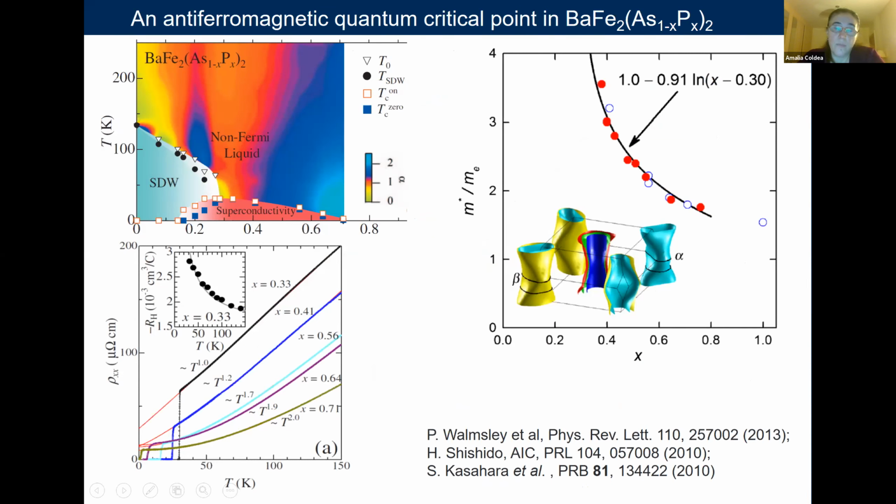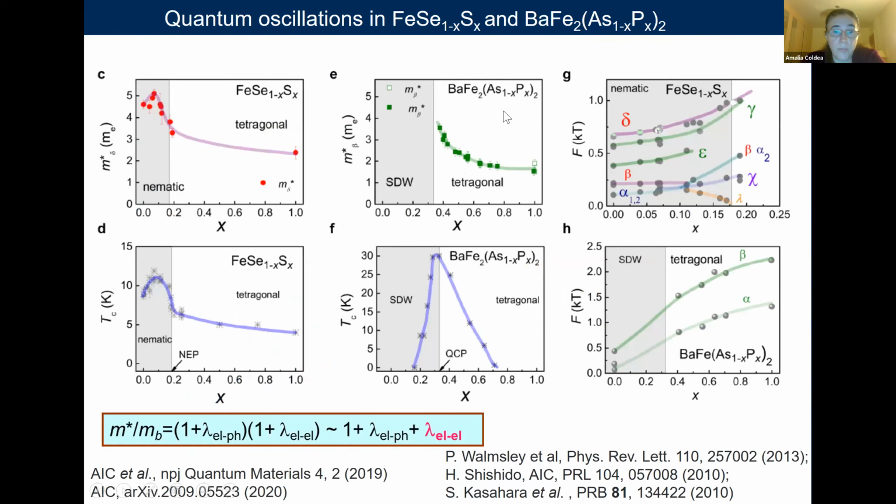In barium-122, we have a strong enhancement in the effective masses as they approach the magnetic critical point, and there is a divergence in the mass. At the same time, there is a linear resistivity at the same place, and the superconductivity is enhanced. So I combined, in the review paper, a graph showing these two systems side by side for easier comparison.